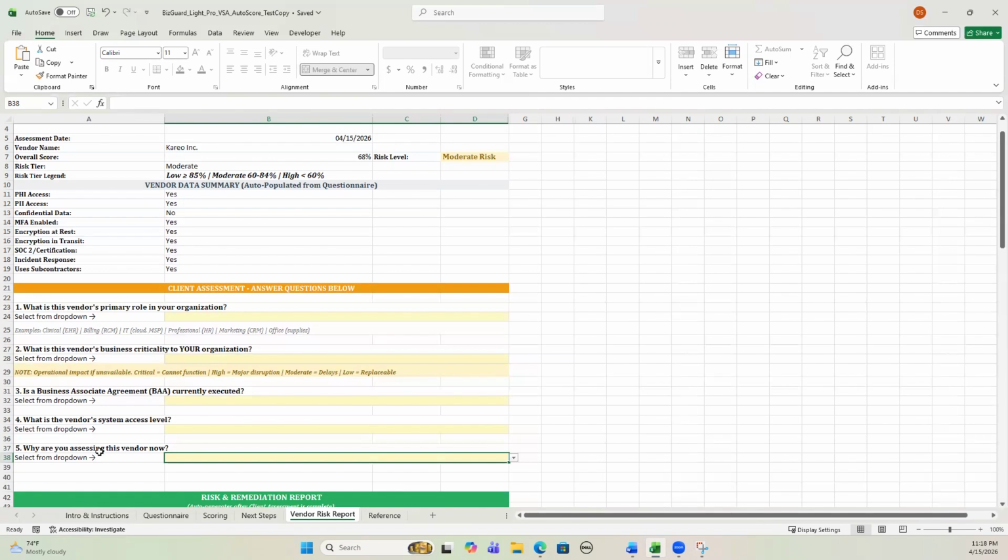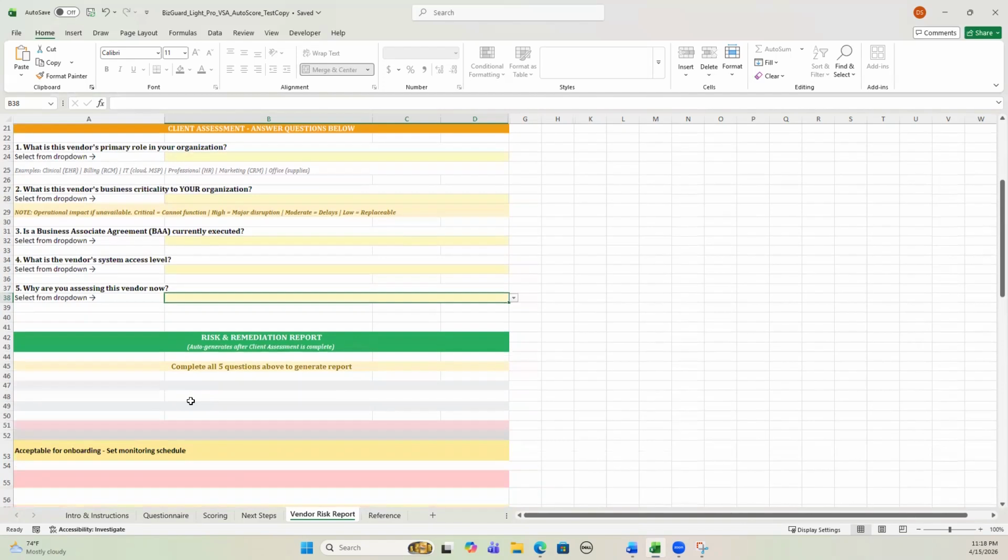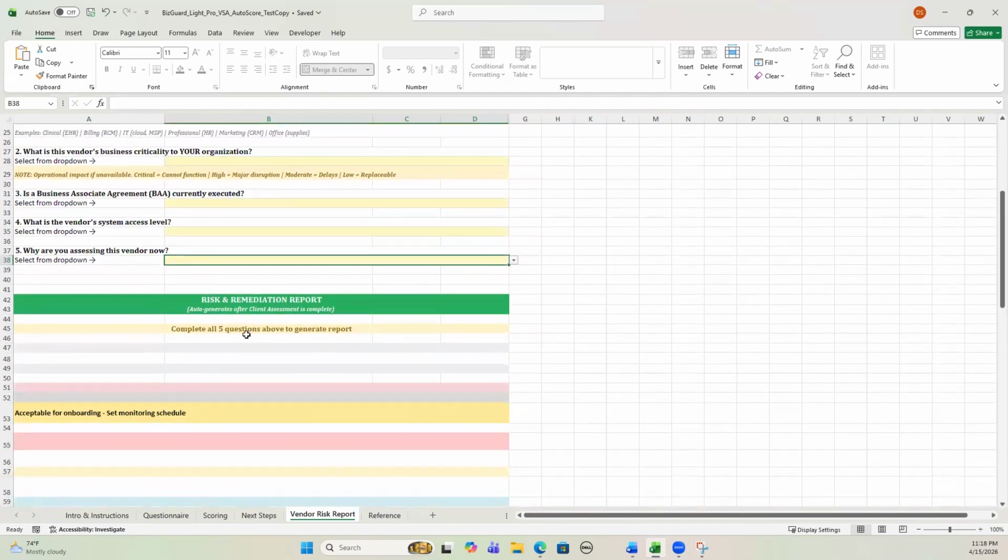Okay, so grade A in the results would be acceptable risk, monitor, strong controls, standard monitoring. If it shows grade B, it is also acceptable with documentation, minor gaps, documentation needed. Grade C would show remediation required, deficiencies require remediation before or after approval.